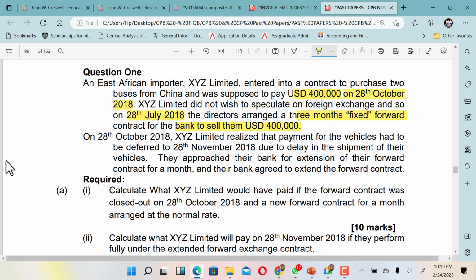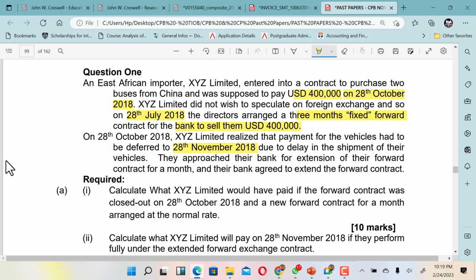Now on October 28th, 2018, XYZ Limited realized that payment for the vehicles had to be deferred to 28th of November 2018 due to delay in the shipment of their vehicles.